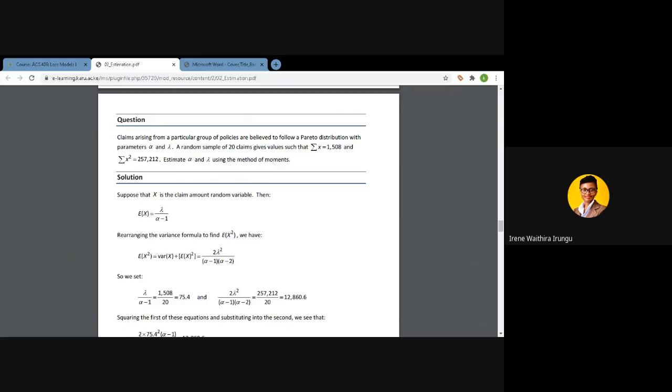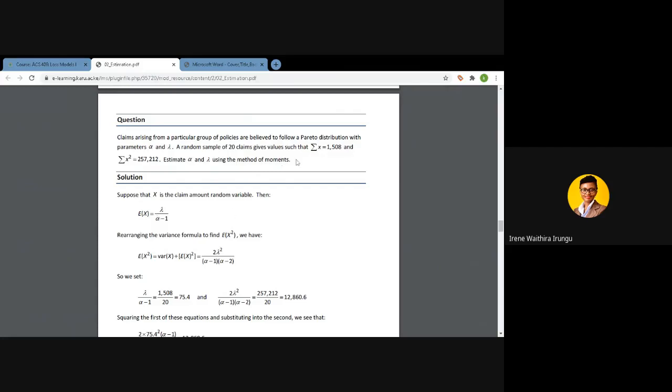Unless it is specified, you may then choose to use maximum likelihood estimation. If we were looking at a distribution with 1 parameter, then 1 moment is enough. If we were looking at a distribution with 3 parameters, then we would require 3 moments, and we'll see why.